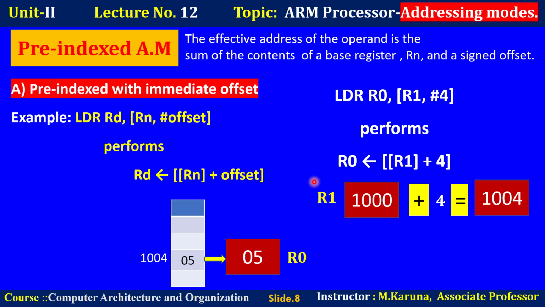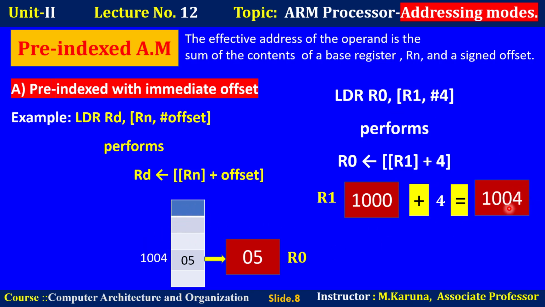For example, R1 has the address 1000. Plus the offset value 4 will be added to the 1000 address, and that generates the effective address of the operand, 1004. After performing this calculation, from this instruction, the processor goes to the memory location.